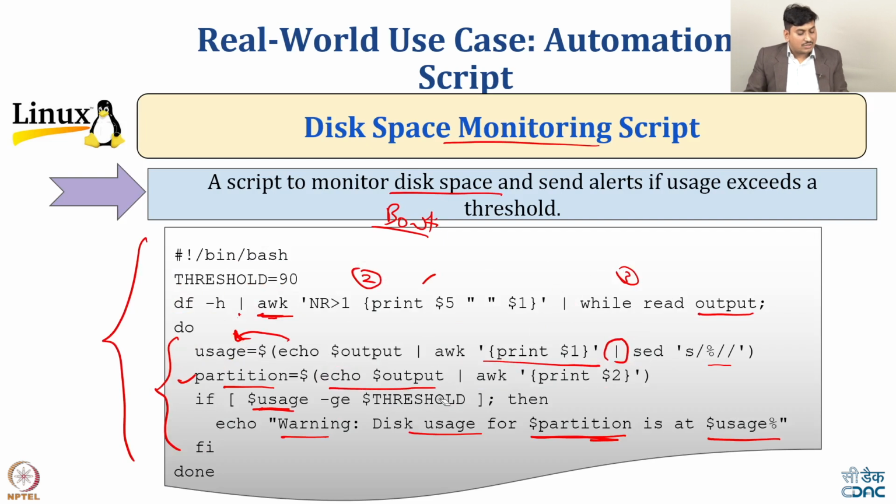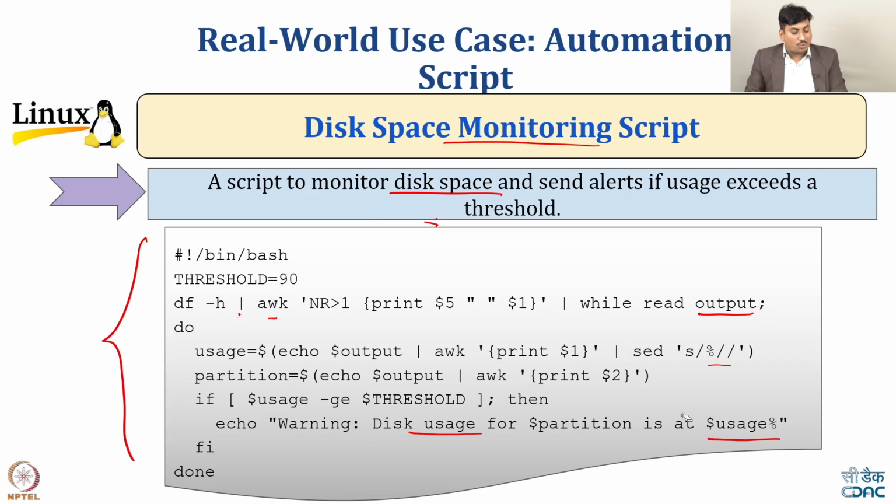All those commands will sequentially keep on running, this command, then followed by this, then this, and finally if that particular condition is met, it will give the desired output.